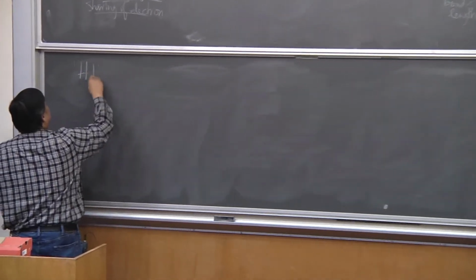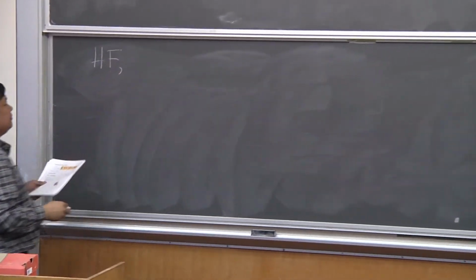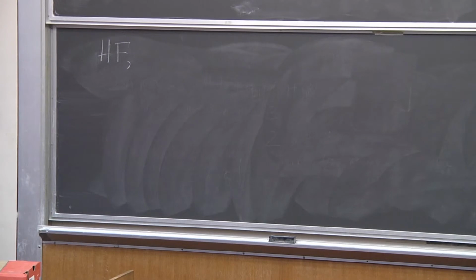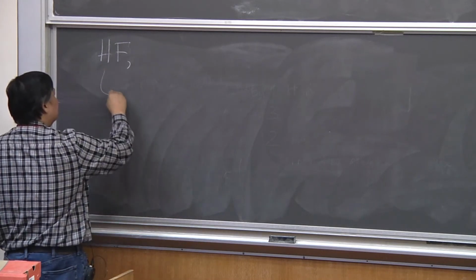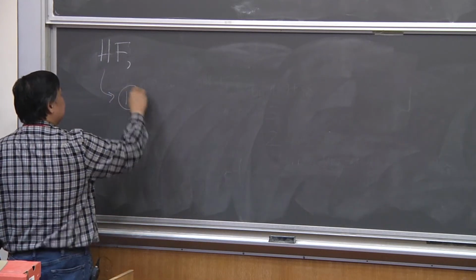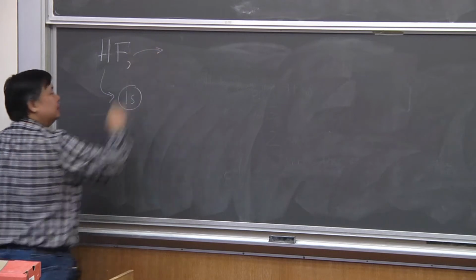Let's try another example: HF. The first thing you need to do is identify what orbital to use. H will again contribute its 1s. How about the F?